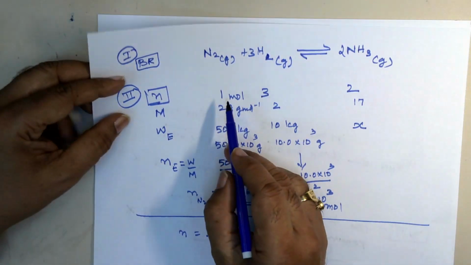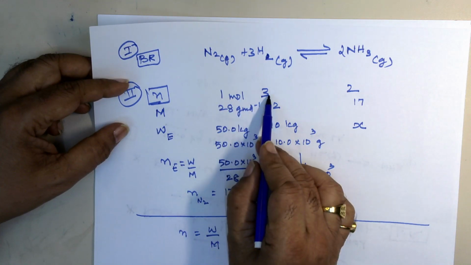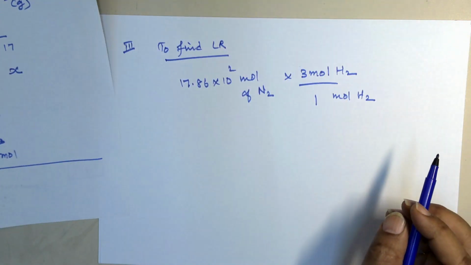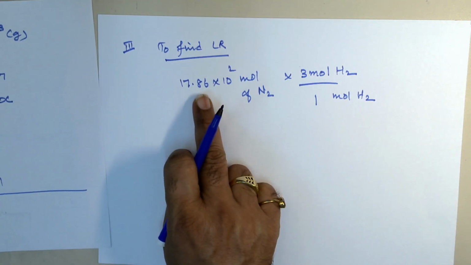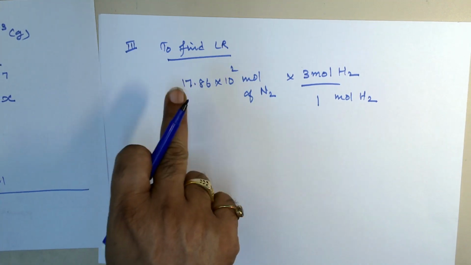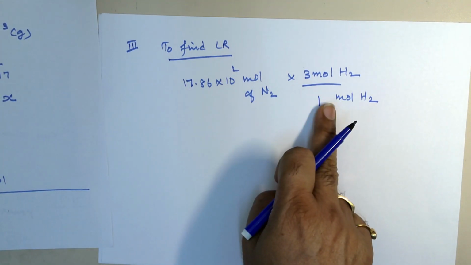You got the 1 mole, for which you require 3 mole. And for 17.86, how much is required?